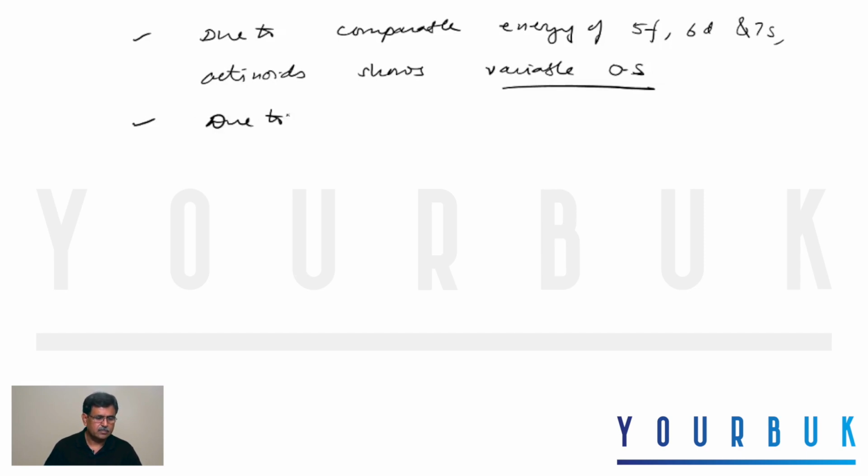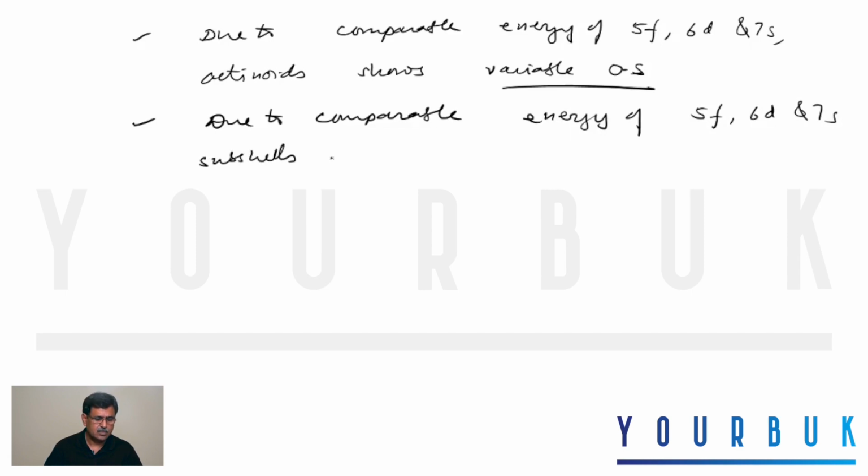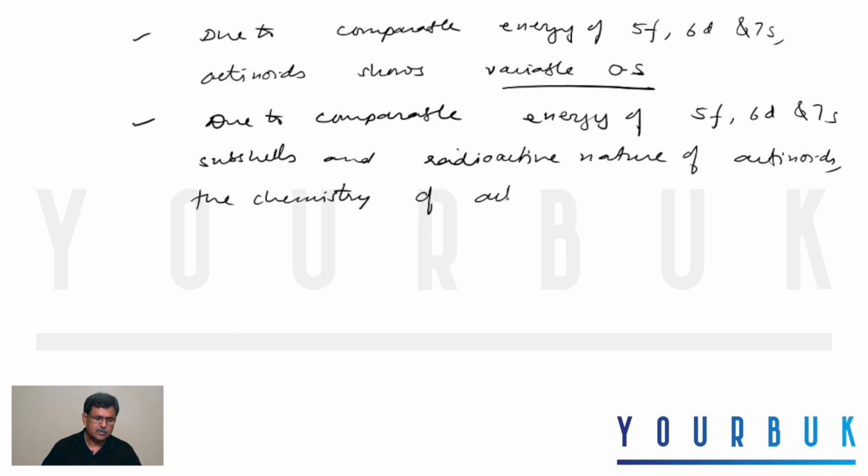Also, due to the comparable energy of 5f, 6d and 7s subshells and the radioactive nature of the actinoids, the chemistry of actinoids is much more complicated than the lanthanoids.